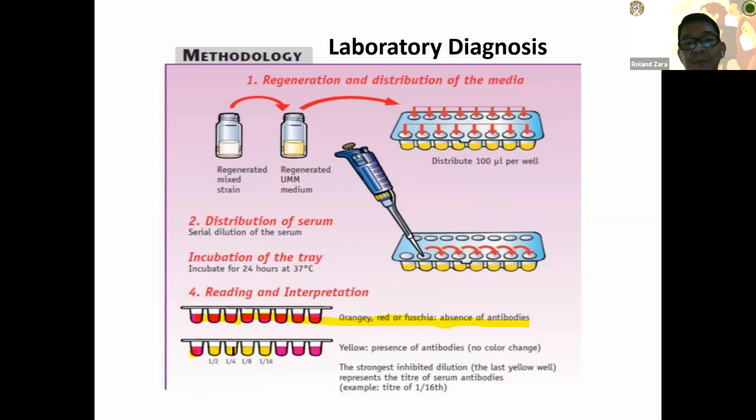So 1, 2, 3, 4. So there is a fourfold increase of your antibody, so it is considered a protective antibody. It represents a high titer of serum antibodies, so this is protective against your influenza strain. So, yan, fourfold. 1, 2, 3, 4. Hanggang 4 nag-change yung color, then you are protected against this influenza strain.